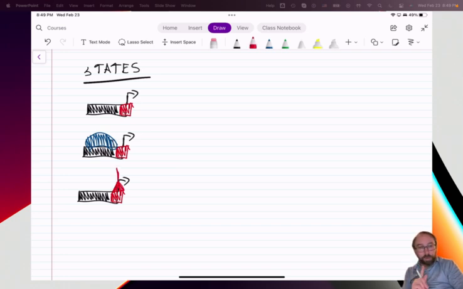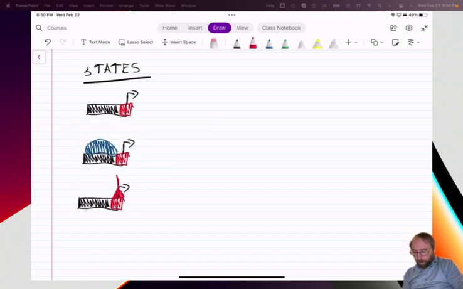And note that I'm not including a state where the repressor and the polymerase are bound at the same time. So basically, they exclude each other. There's steric hindrance, if you want to give it a more specific name. Okay. All right. So these are the states that we're going to consider.